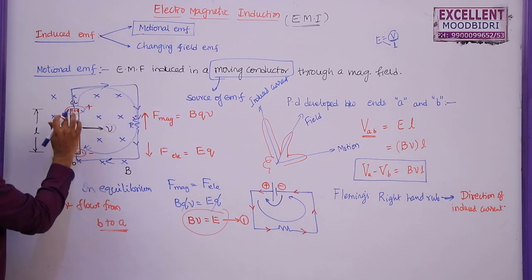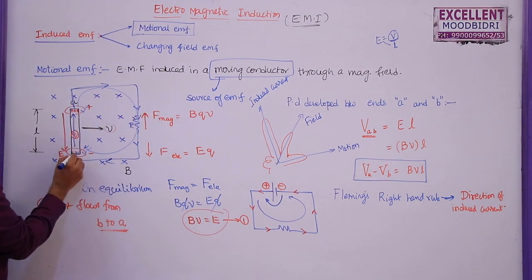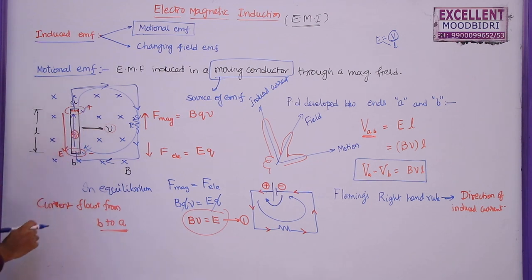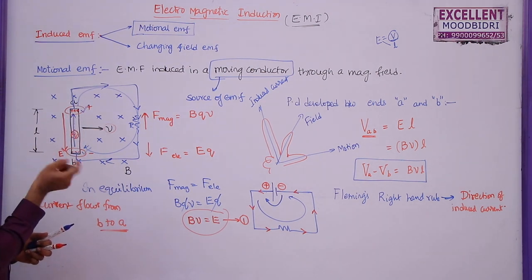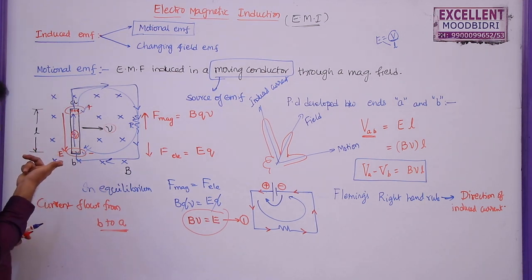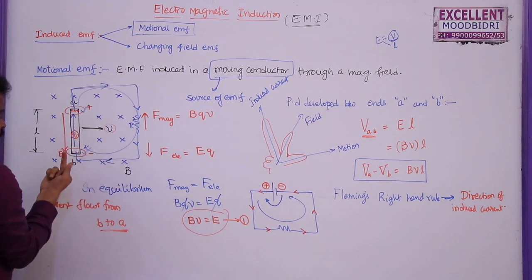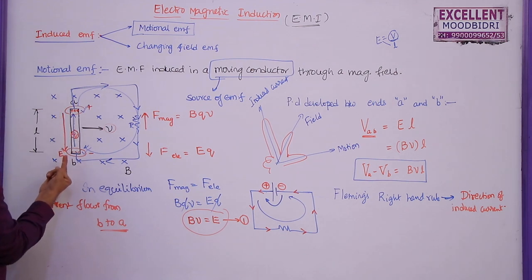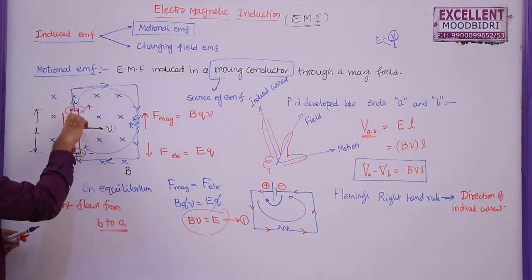But inside the conductor, it is just like a source of EMF. Current flows from low potential to high potential. Why? Because in some problems they may ask you to find the point where the potential is maximum. So by applying this, this is the field, this is the motion, this is the direction of current. Current is from negative to positive within the wire.